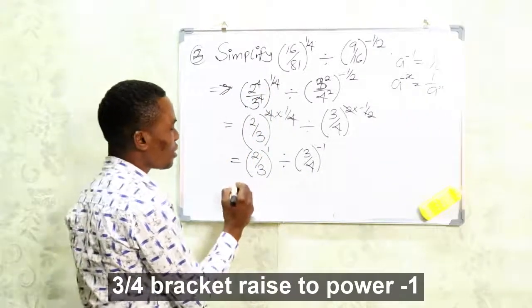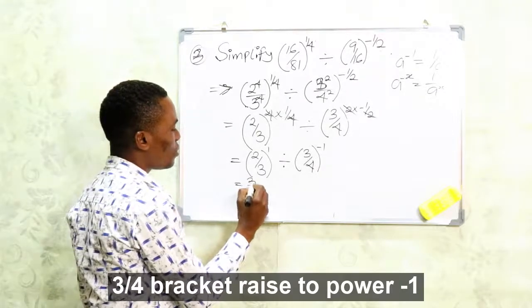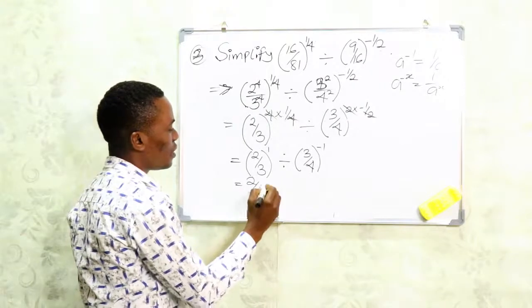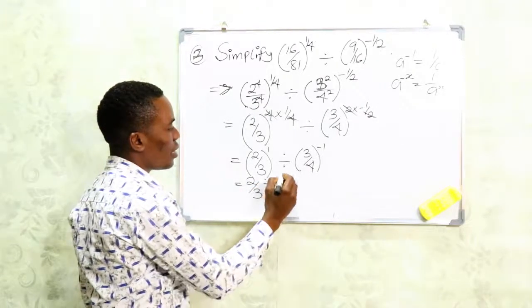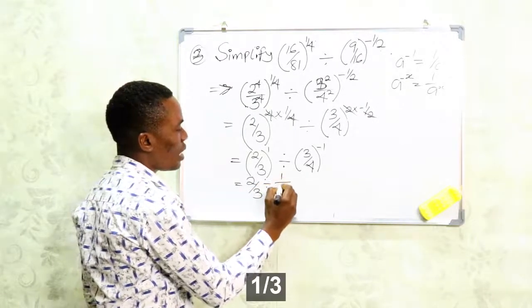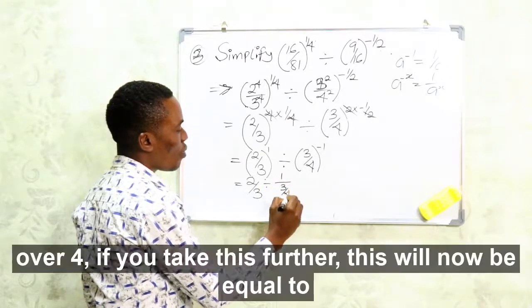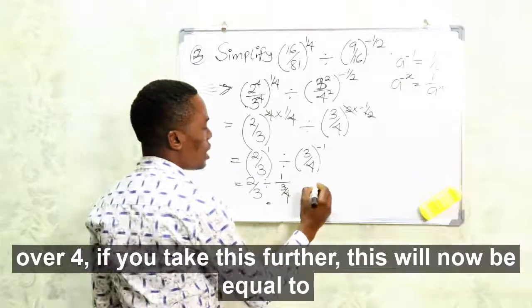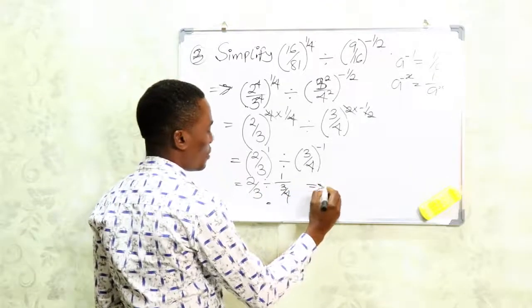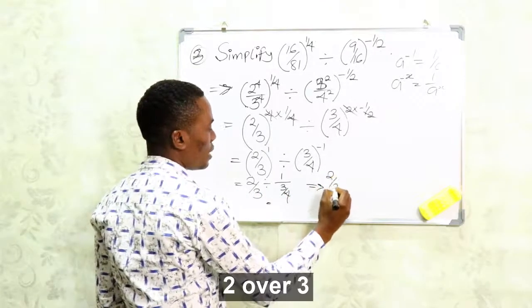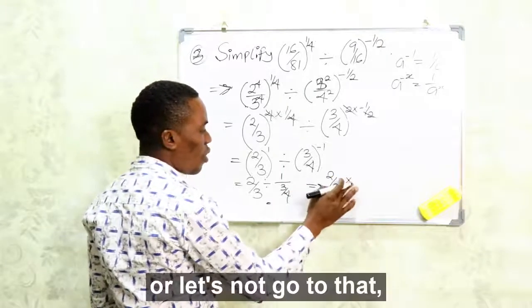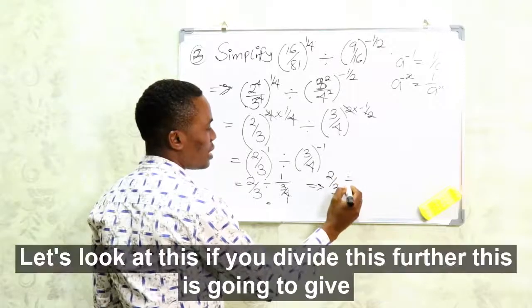So this will give us 2 over 3 divided by 1 over 3 over 4. Now if you take this further, this will be equal to 2 over 3, multiplied by, or let's not go to that, let's look at this.